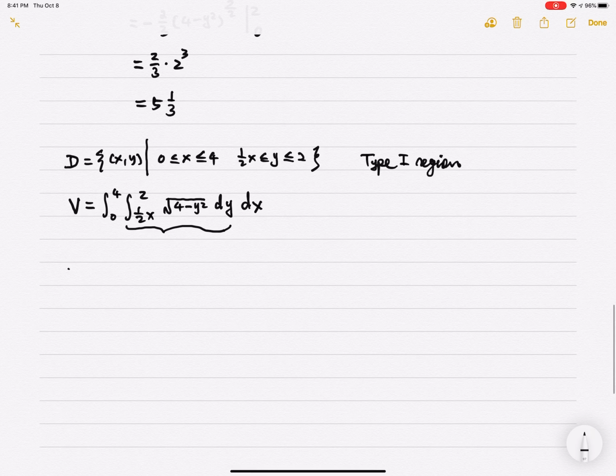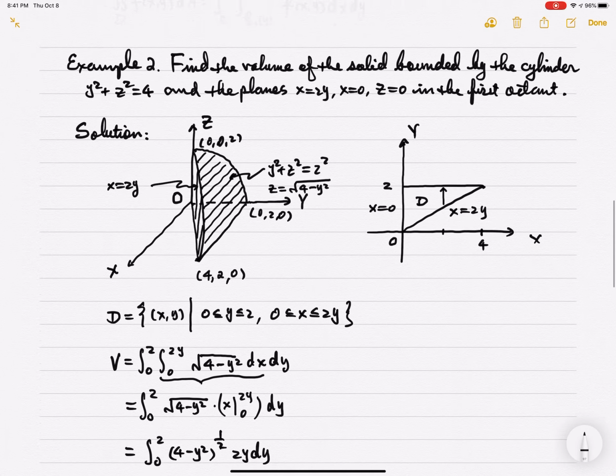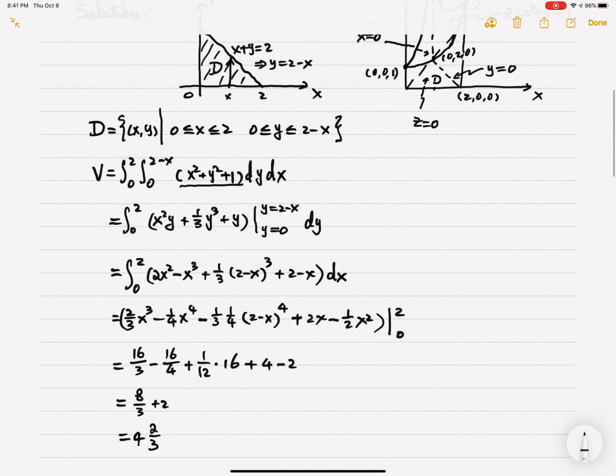If you look at example 1 and describe the region as a type 2 region, that means you describe y first.